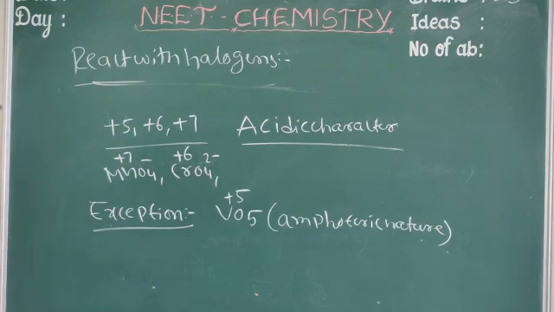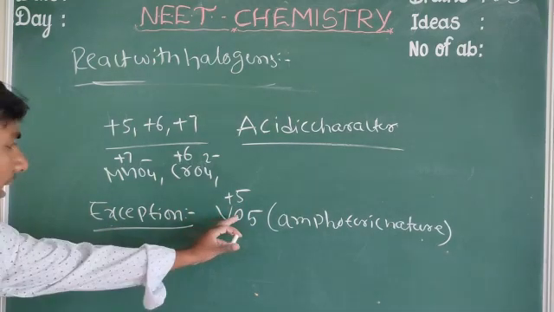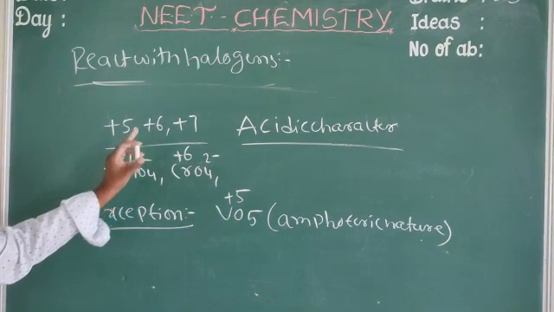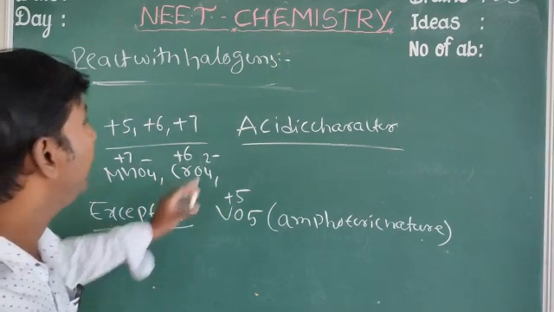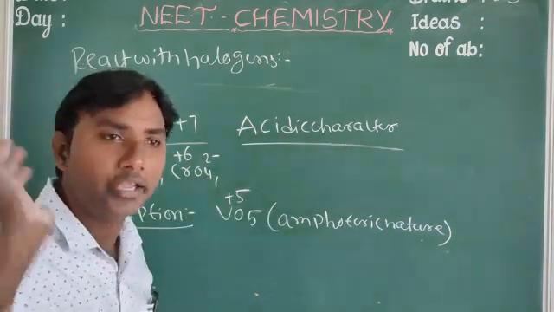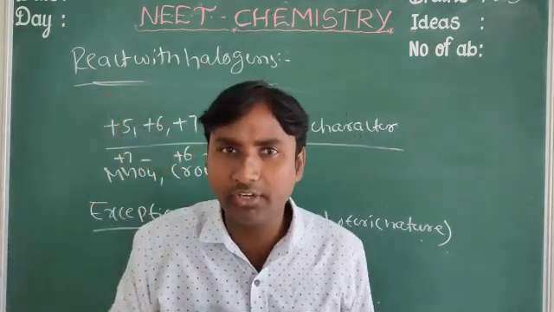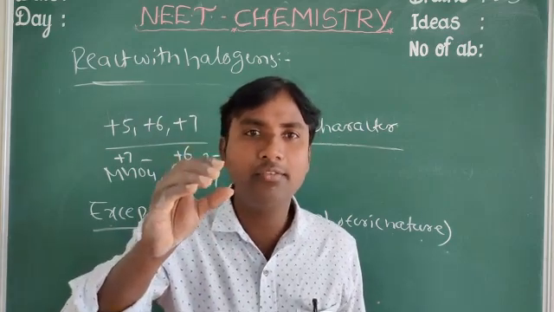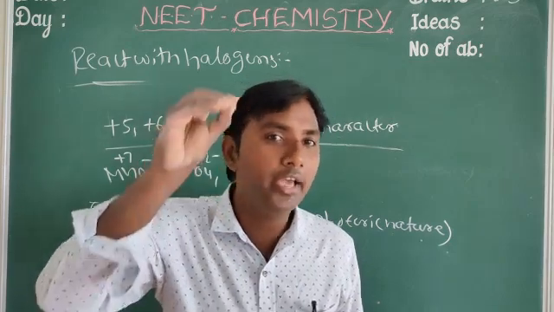So this is about acidic character. The stable higher oxidation state has maximum acidic character. One compound exception, vanadium pentoxide. Except vanadium pentoxide, all +5, +6, +7 oxidation state oxides have acidic character and act as oxidizing agents.